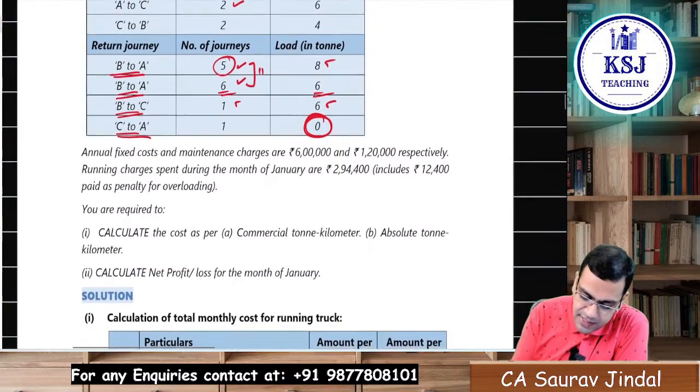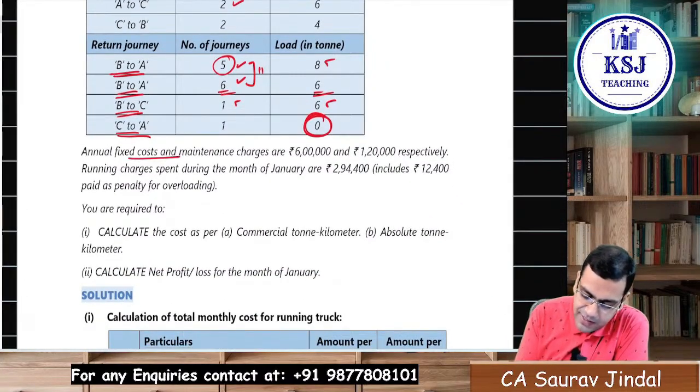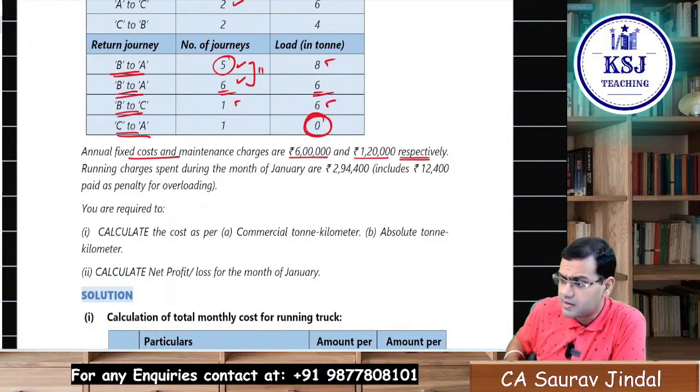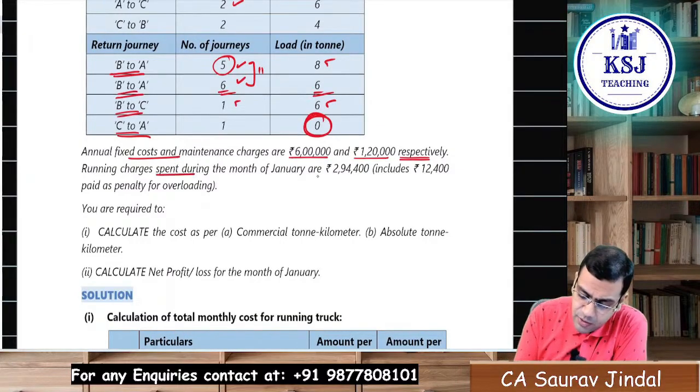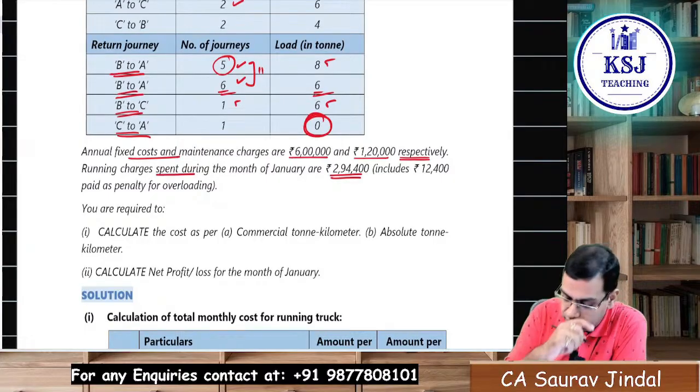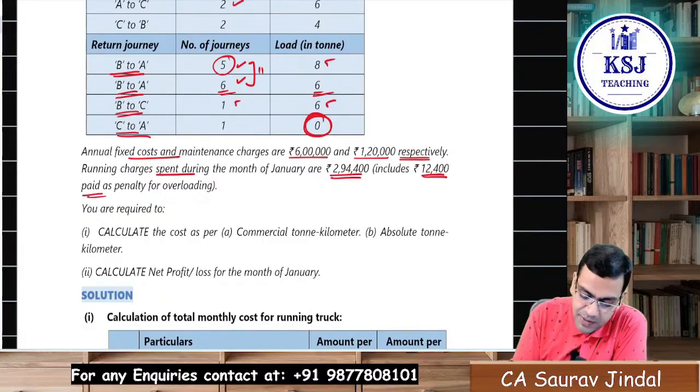Now, next he says the annual fixed cost and maintenance charges are 6 lakh and 1,20,000 respectively. Running charges spent during the month of January are 2,94,400. This includes 12,400 paid as penalty for overloading. Here, sir, he is paying the penalty for overloading.